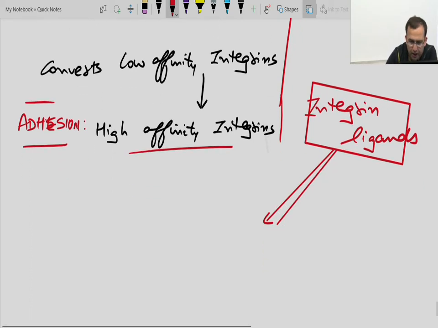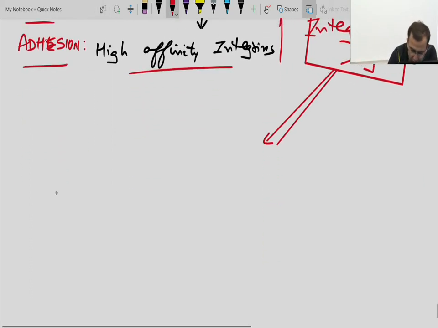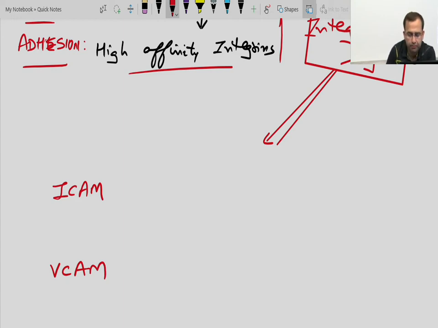There are two main integrin ligands, which are ICAM and VCAM. ICAM is CD11A/CD18, versus VCAM, which is VLA4 integrin.